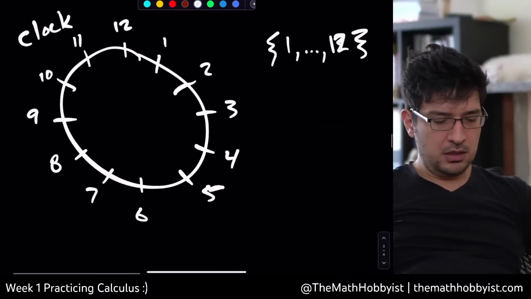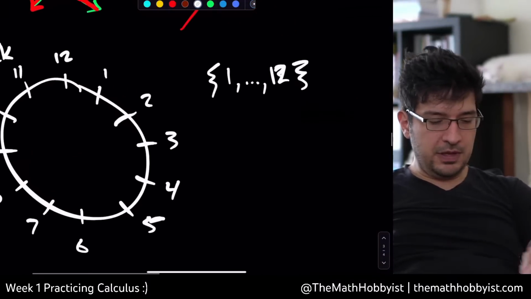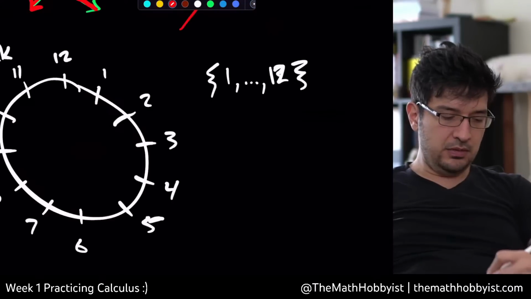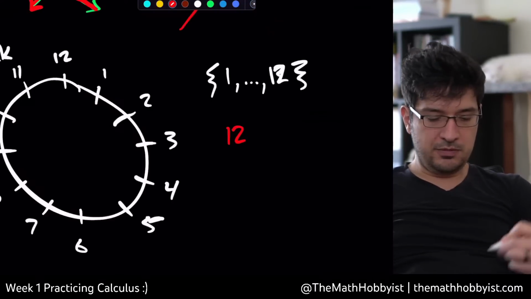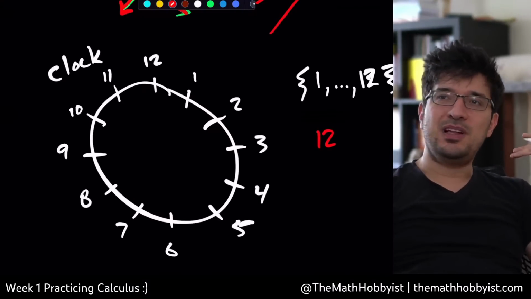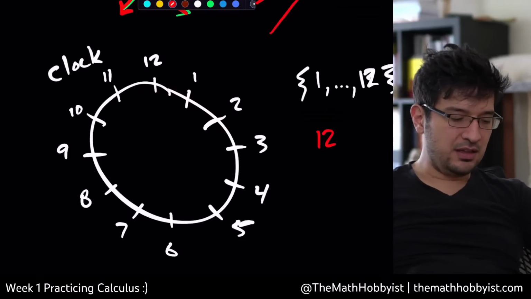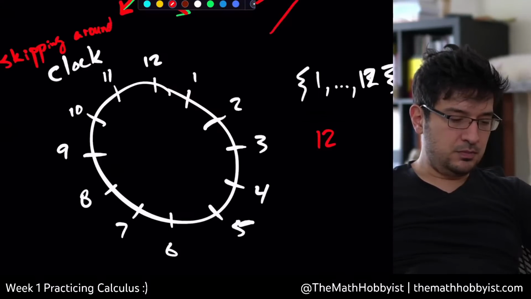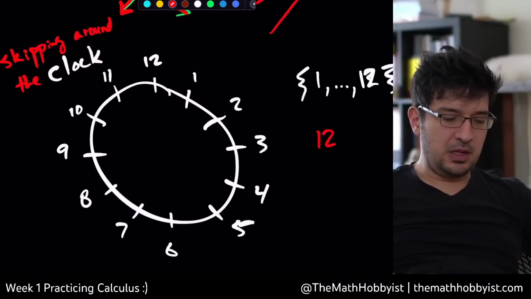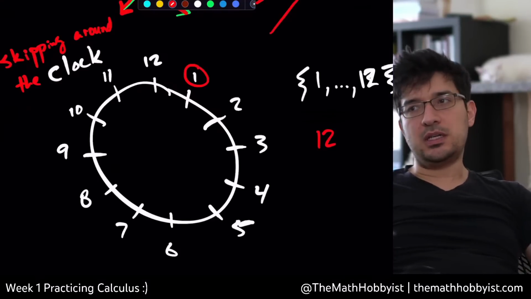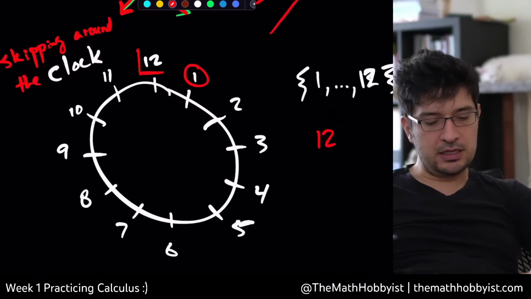If it is 12 o'clock, here, this is the fun example I like to show kids. I call it skipping around the clock. Say that your favorite TV show is at 1 o'clock and it is currently 12 o'clock.